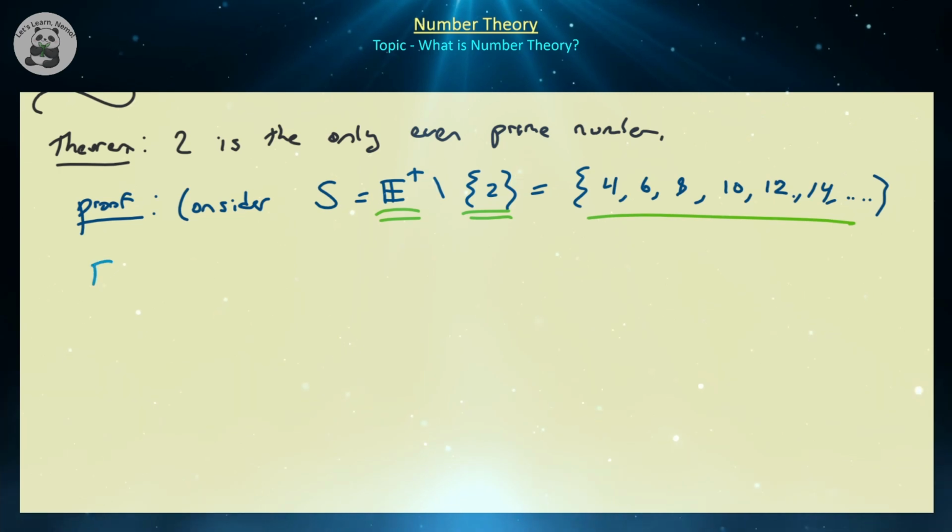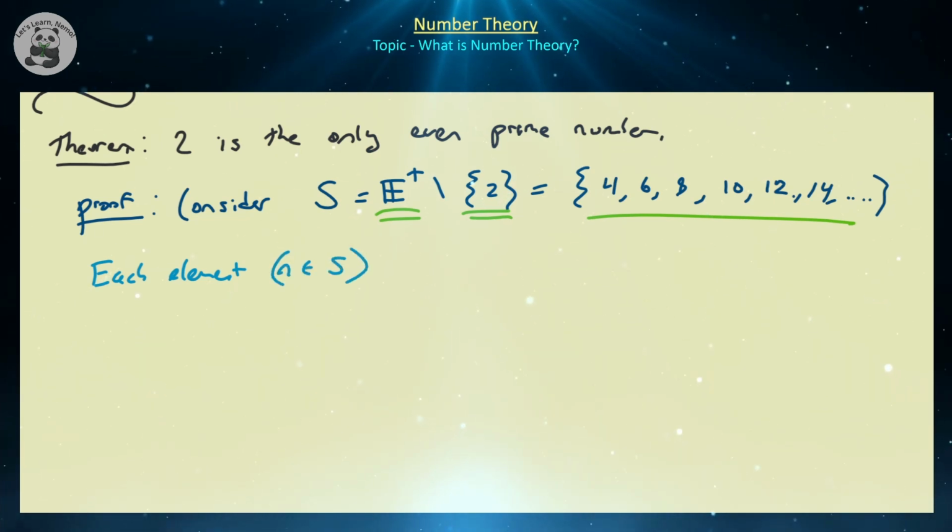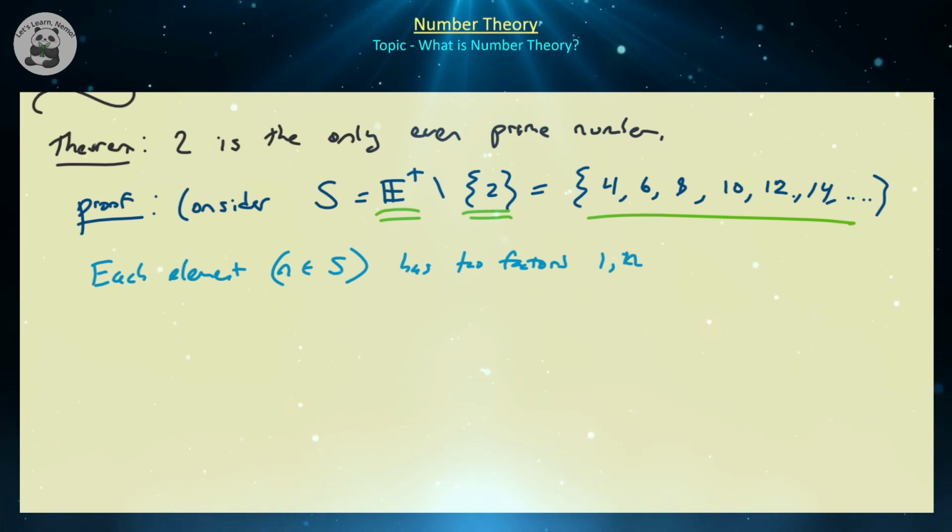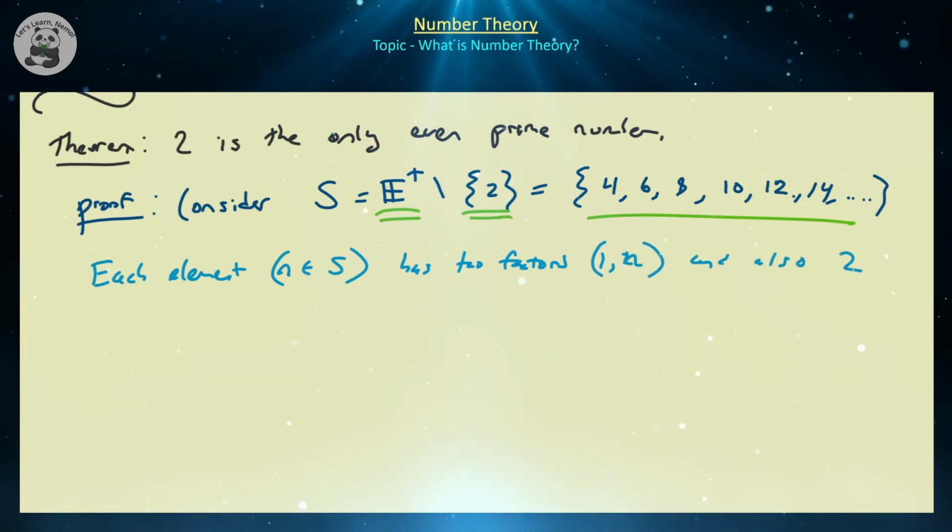But we clearly see that each element of S, let's call an arbitrary element n in S, has two factors, 1 and let's say m, and also 2, because all of these are even, therefore 2 evenly divides all of them, right?